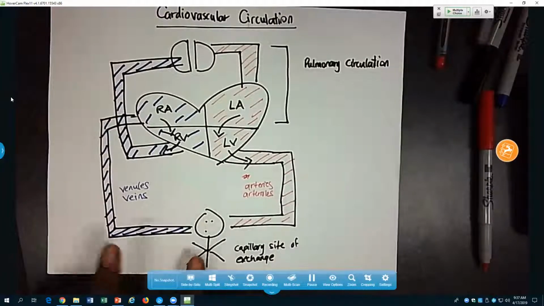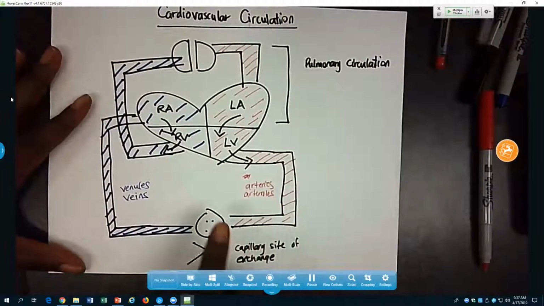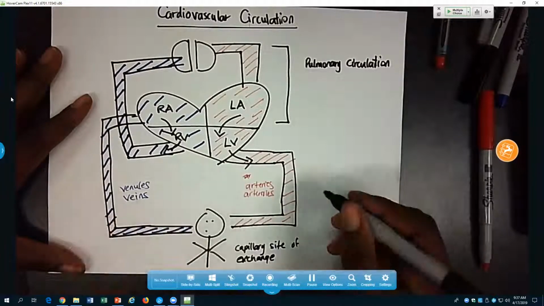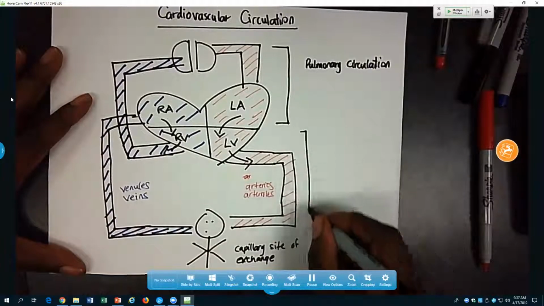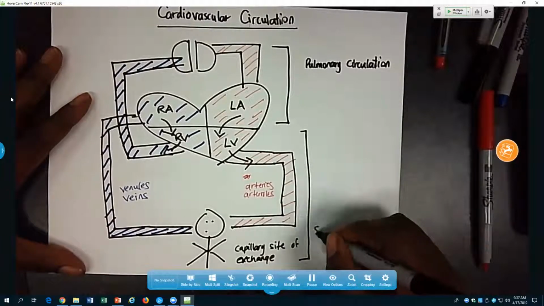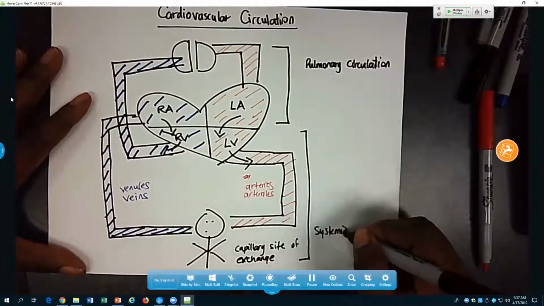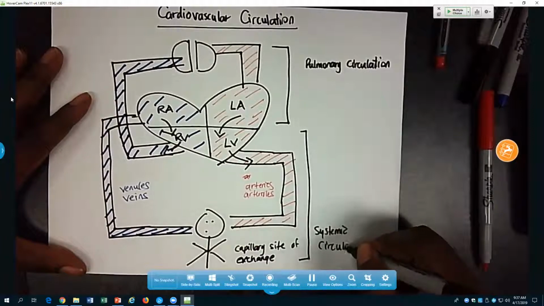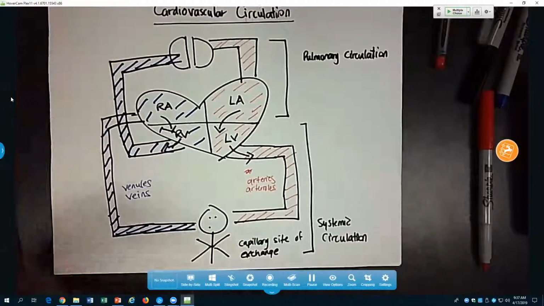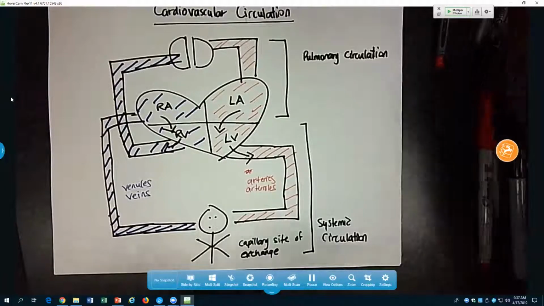Whereas the arteries, arterioles, and the ventricles comprise the systemic circulation. So basically the body system. This is your systemic circulation.